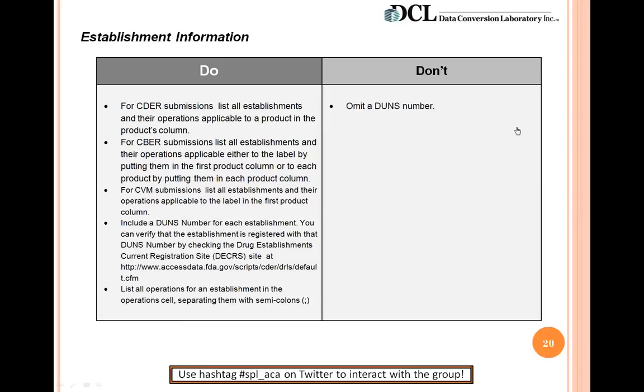Whether or not the site is registered for a particular operation is not publicly known. So if you list the establishment as doing analysis and it's not registered for analysis, you will get a validation error. The only way to know that you're going to get a validation error is to actually submit the file. And don't omit a DUNS number when you put down the establishments.